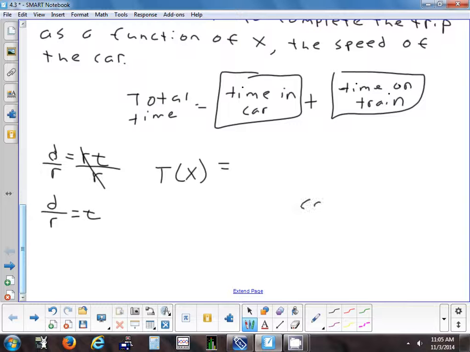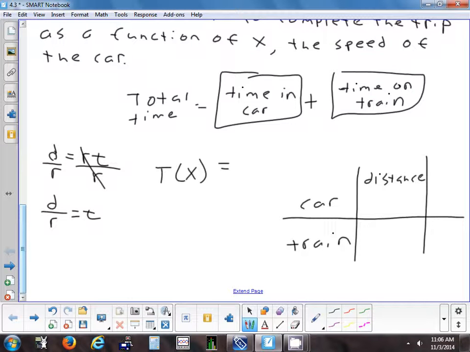So we've got car, train. This table will just help us organize everything we need. So we have the distance we travel in the car, the distance we travel in the train, and the speed we travel in the car, and the speed we travel on the train.